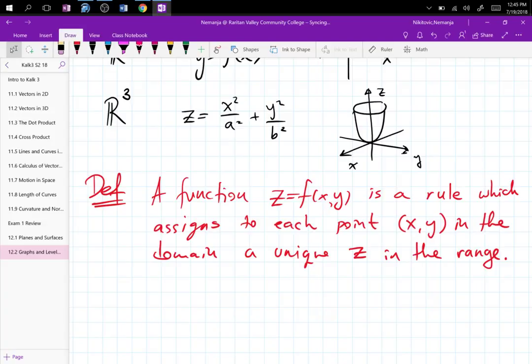So this would be a 3D case, right? Because you only have x, y, and z.